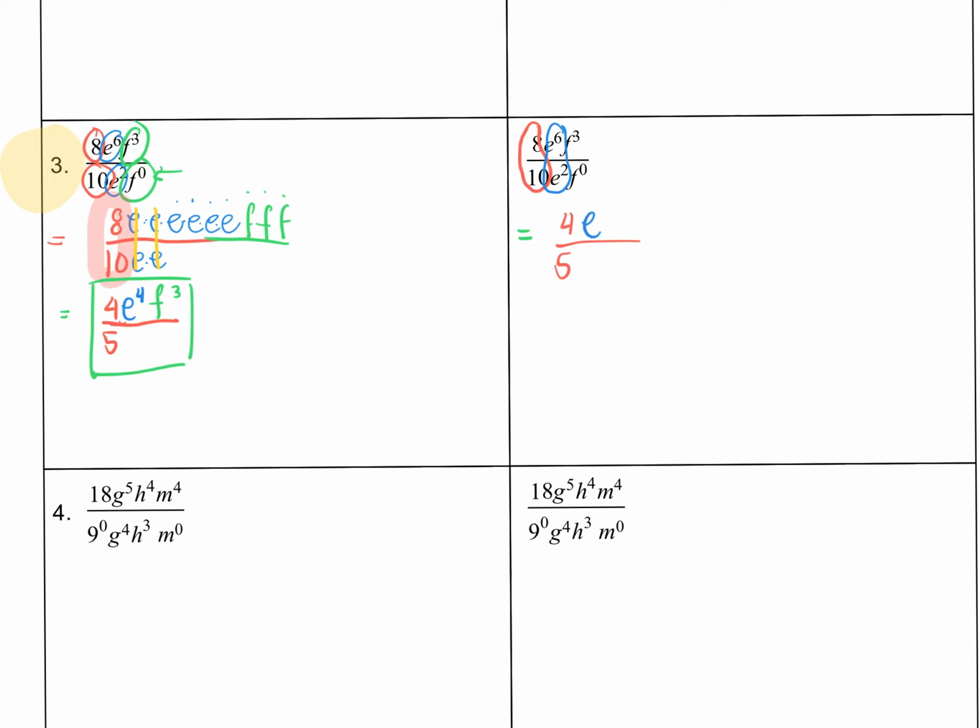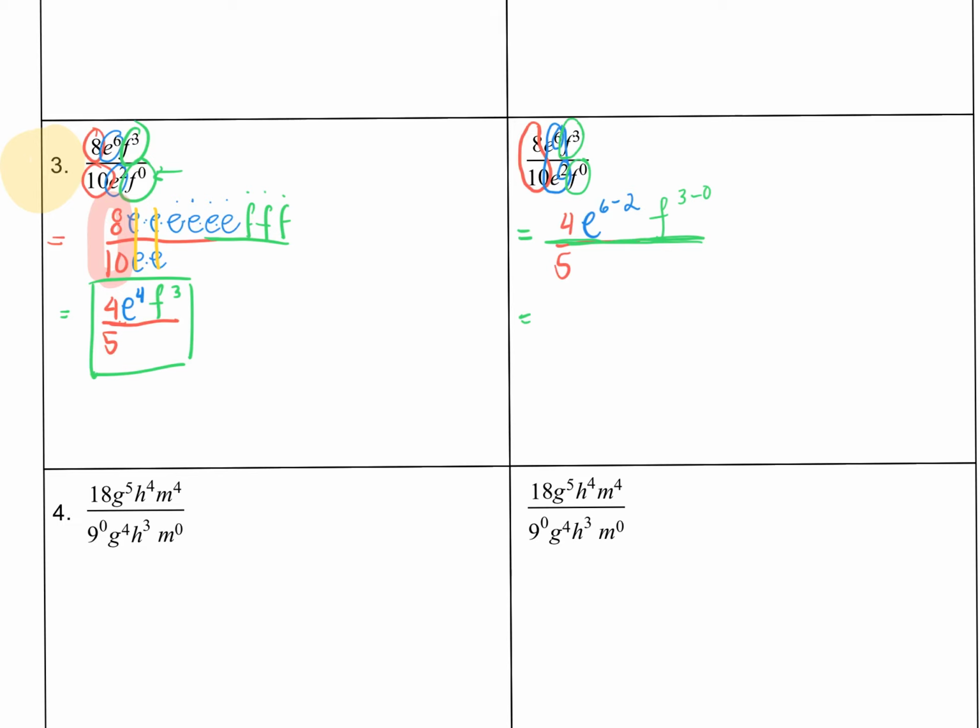That means I need to use the quotient property, and the quotient property has me subtract the exponents, top minus bottom. So this is going to be e to the 6 minus 2. And then I also see f to the 3rd and f to the 0. So it's going to be f to the 3 minus 0 power. So all of this stuff is on the top, and we have 5 on the bottom.